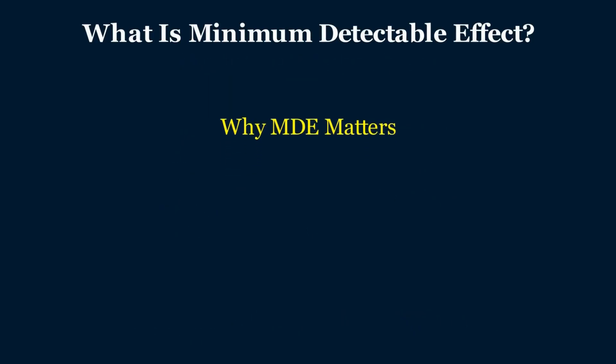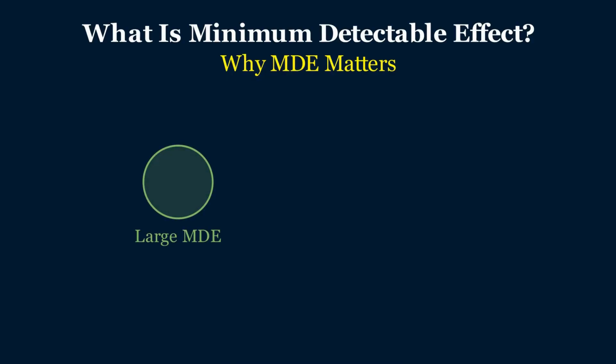Now here's the key idea. If your MDE is large, experiments can detect changes faster because large effects are easier to separate from randomness. But if your MDE is tiny, experiments become dramatically harder because tiny effects can easily hide inside normal variation. This creates one of the biggest trade-offs in experimentation.